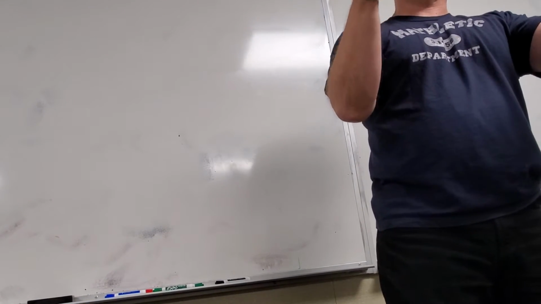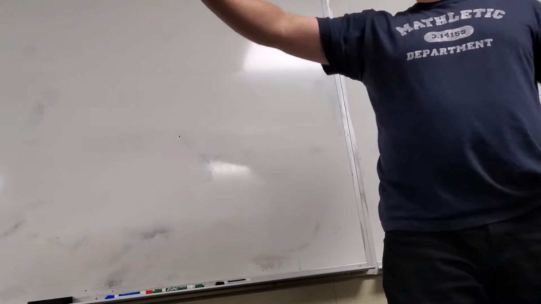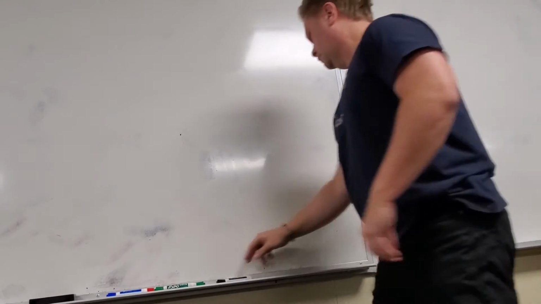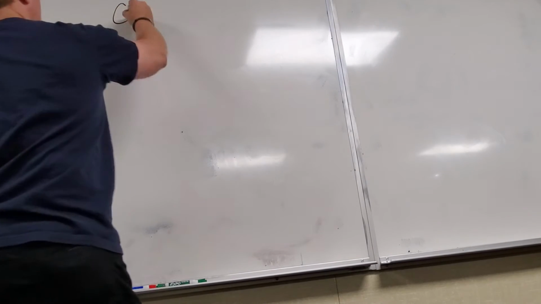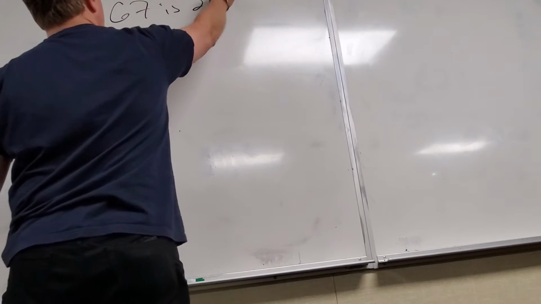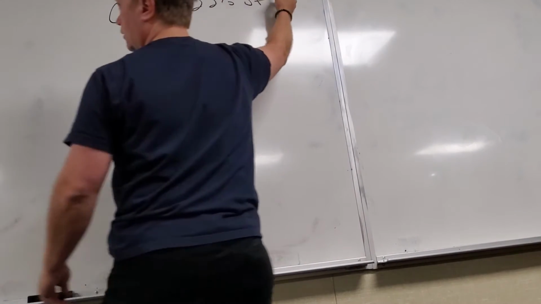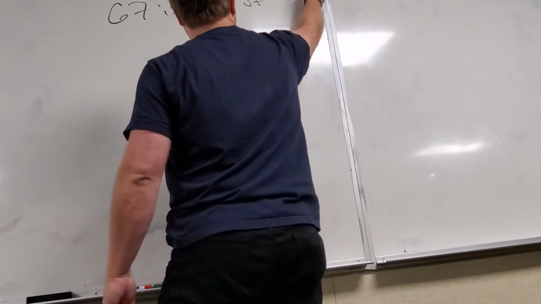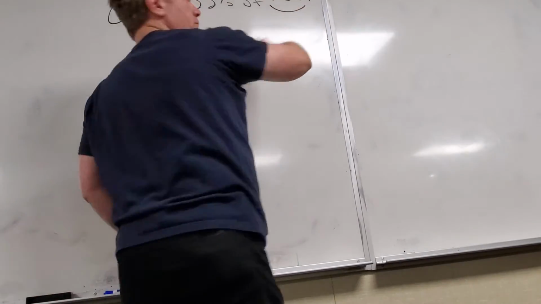But whenever you see something like "which is," that's kind of a clue that it could very well be one step away from an equation, right? 67, which is 22% of the recommended daily amount. And this is what you don't know.